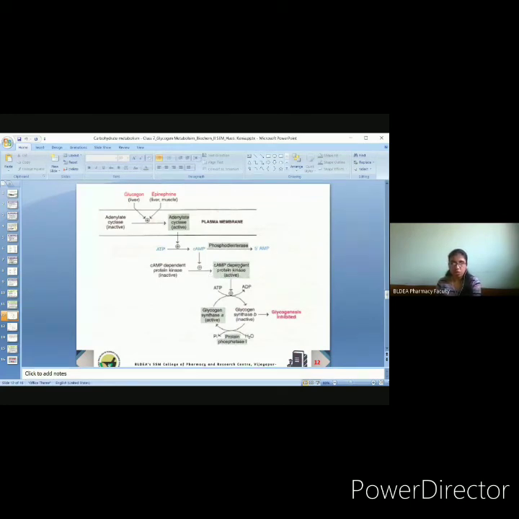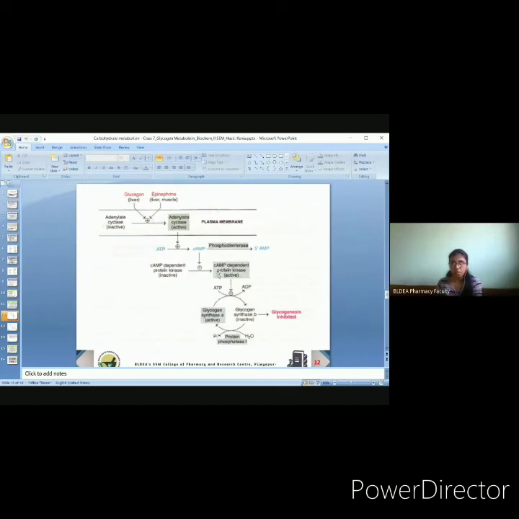Now these protein kinase molecules cause phosphorylation. This is important. You can see there is a removal of a phosphate group from ATP resulting in ADP. Now these phosphate groups are added to glycogen synthase. Remember where it is utilized? This glycogen synthase is an enzyme that helps in synthesis of glycogen.